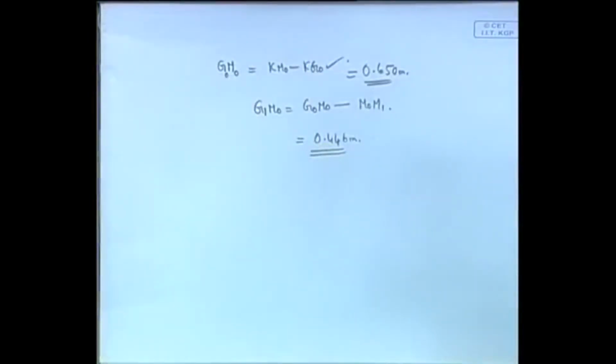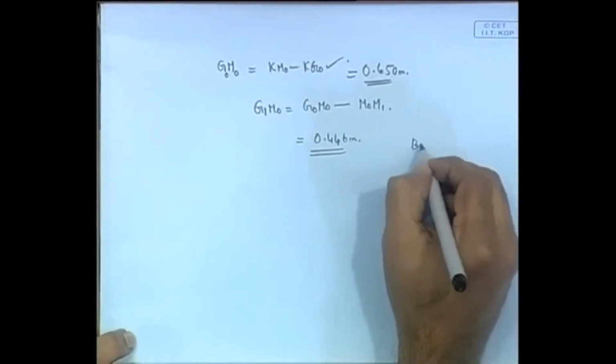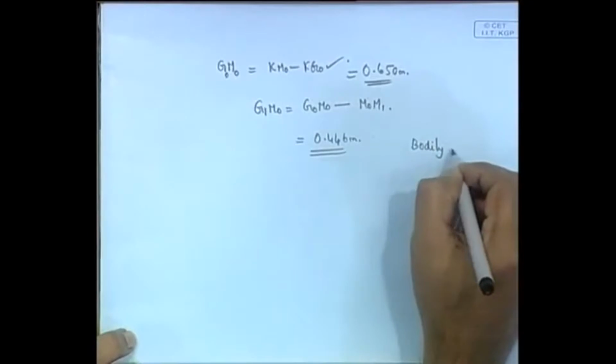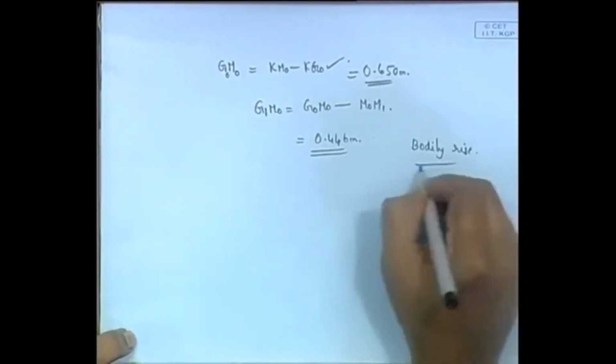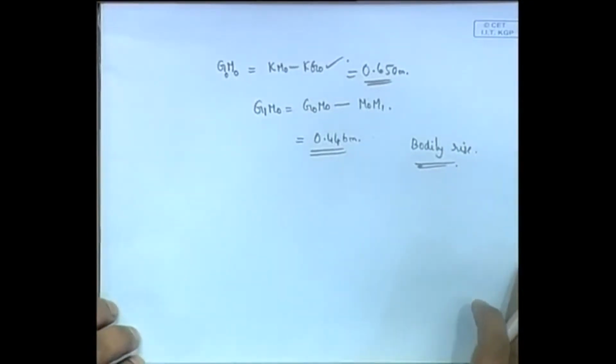In that previous problem also, P by TPC will become negative; yeah, it's subtracted. So please remember, this is a bodily rise in dry docking and not sinkage. So this covers the section on dry docking.